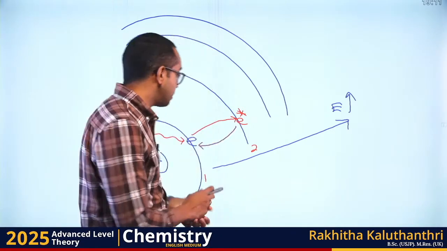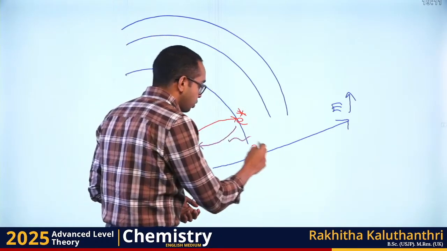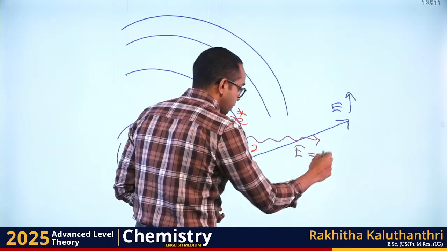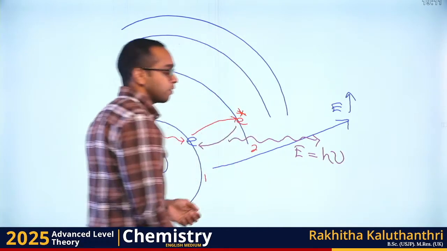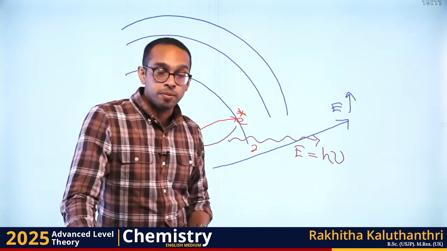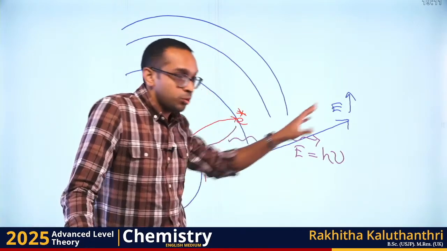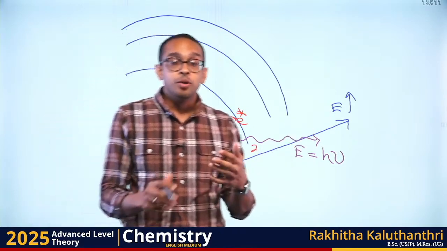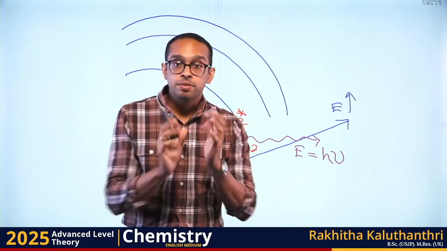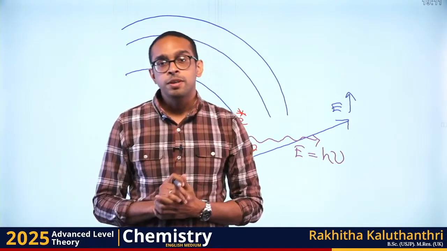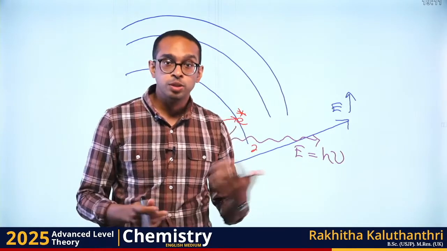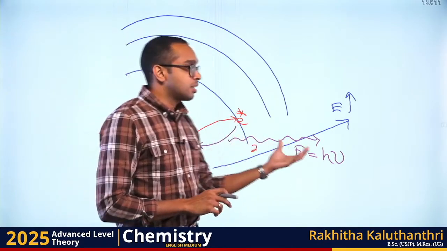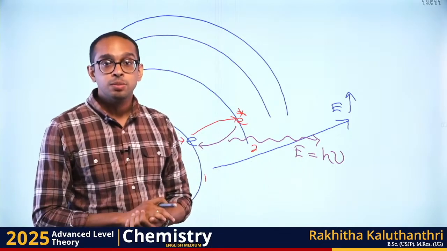So this energy that is emitted is going to be present in the form of electromagnetic radiation, which means it has a frequency and a wavelength, right? You can say that it is removed as a photon. So these energies are going to have a very specific frequency or a very specific wavelength. If you know the frequency, you can calculate the wavelength, right? So this is the reason why the emission spectra is produced.